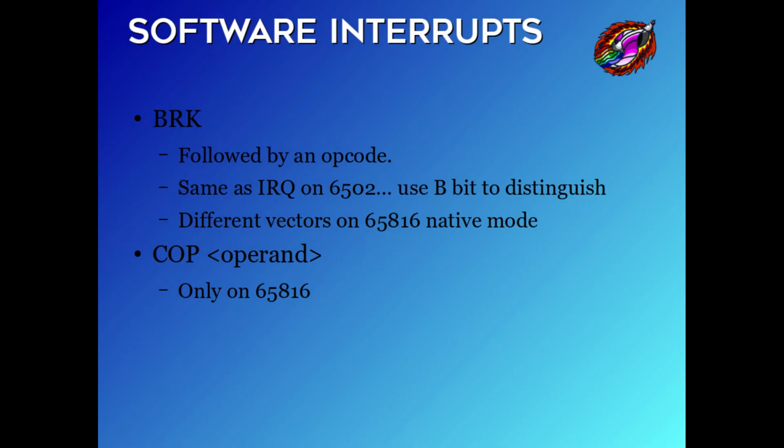So if you had some sort of coprocessor hardware, like a math coprocessor, you could send it instructions using the COP instruction. But as a math coprocessor might be optional, they put in a software interrupt.